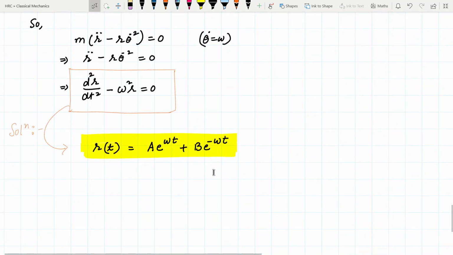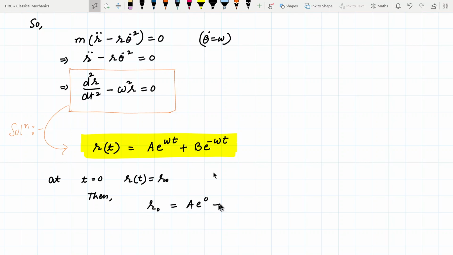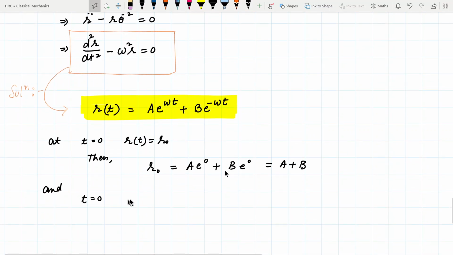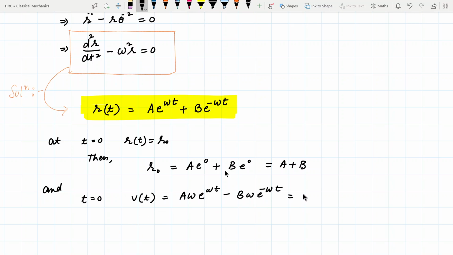So let's suppose that at t is equal to 0, r(t) is equal to r naught, then r naught is equal to a e to the power 0 plus b e to the power 0, which is a plus b. Okay. And v(t) is equal to a omega e to the power omega t minus b omega e to the power minus omega t.